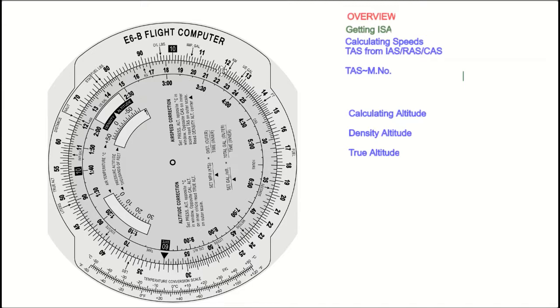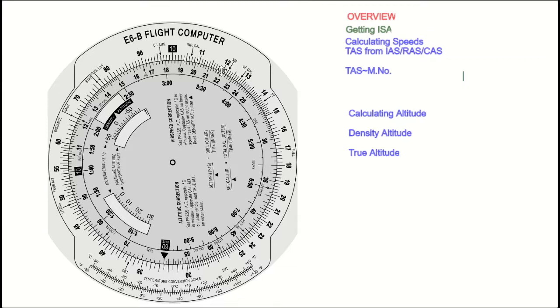So the first thing, how do we get ISA? That means if a question says that the temperature at a pressure altitude of flight level 200, let's say, is ISA minus 15, how do I know what the ISA temperature is?